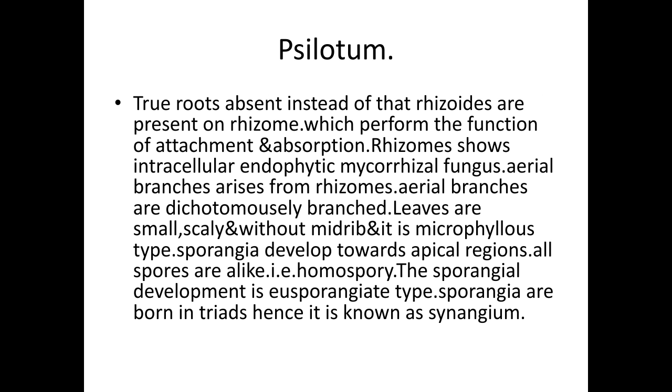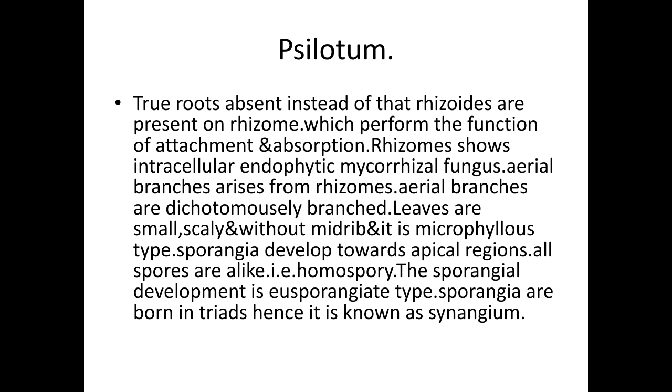True roots are totally absent in the primitive classes of Pteridophyta such as Psilopsida and Psilophytopsida. Instead, rhizoids are present on the rhizome, which perform the function of attachment and absorption of water and minerals from the soil.